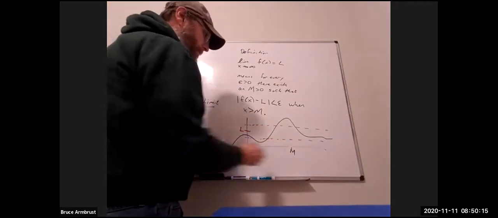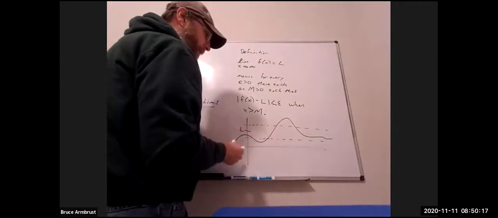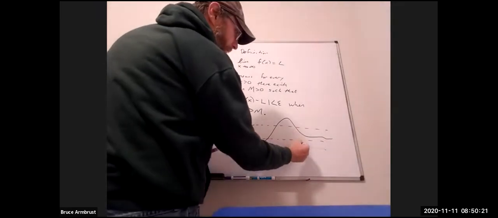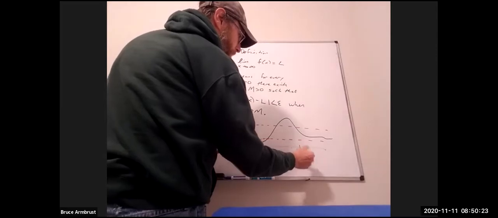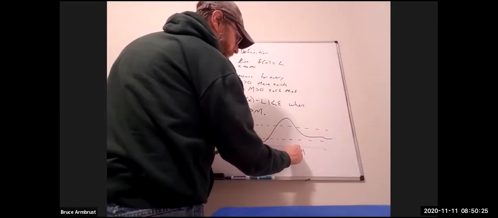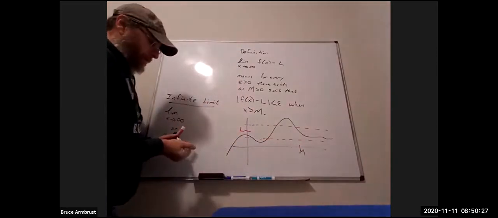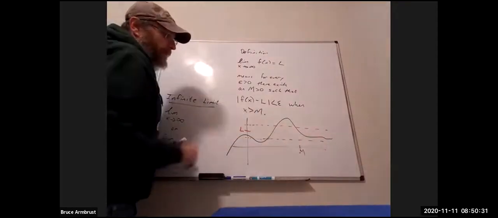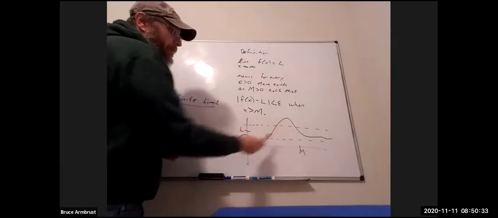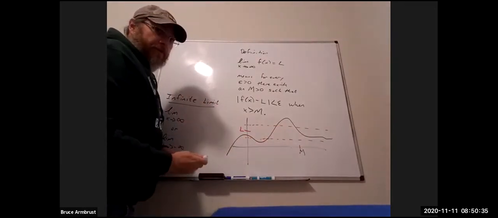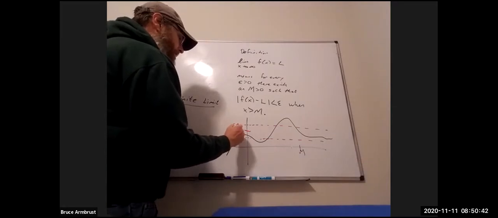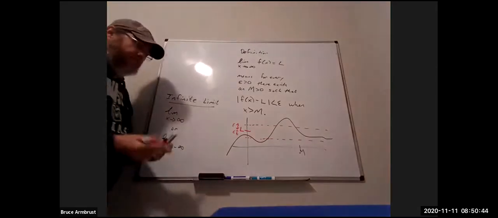And in fact, let me redraw this so that it matches my graph. The M in this case would be right here, because to the right of M, our function is always within this epsilon strip. All right, we're going up and down epsilon from L.